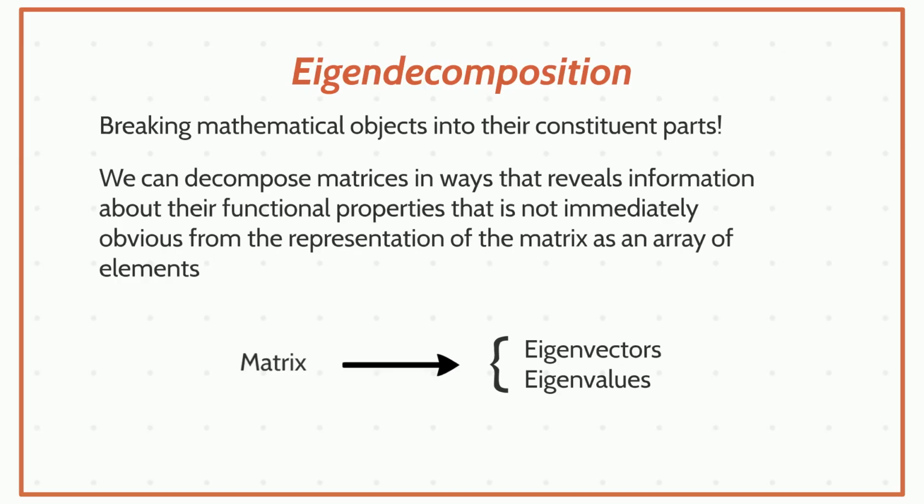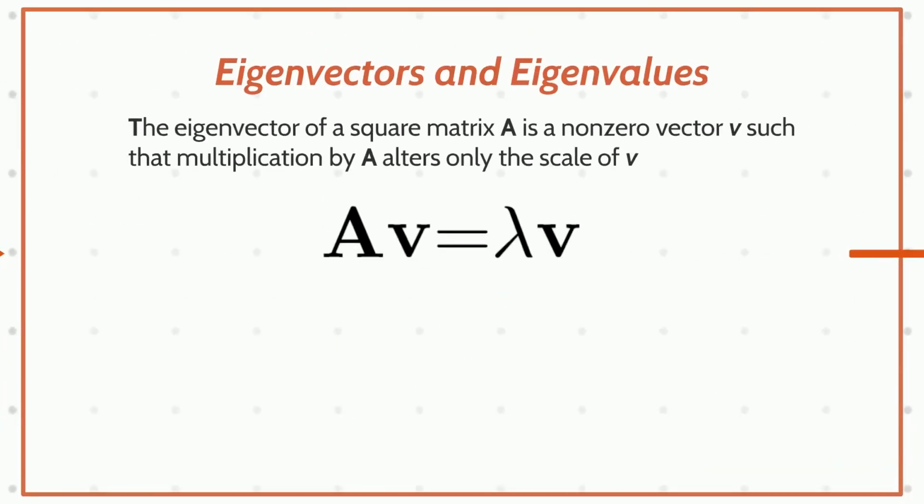We're going to break it down into eigenvectors and eigenvalues. These eigenvectors and eigenvalues are going to describe the matrix just as 2 times 5 could be a representation of the number 10. But what exactly are the eigenvectors and eigenvalues? Great question. Let's talk about that next.